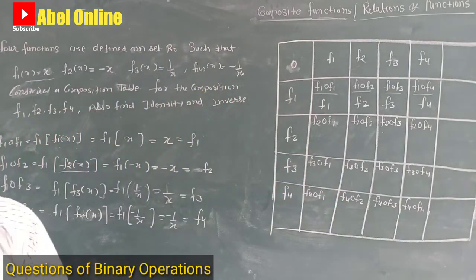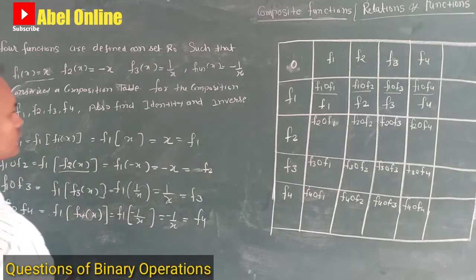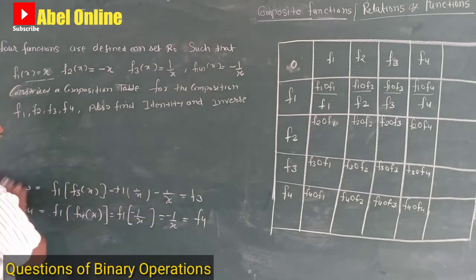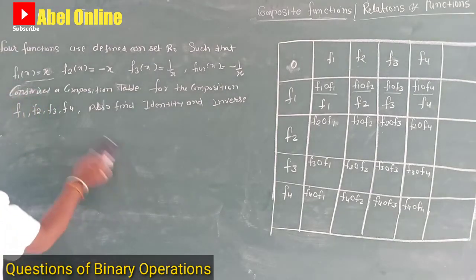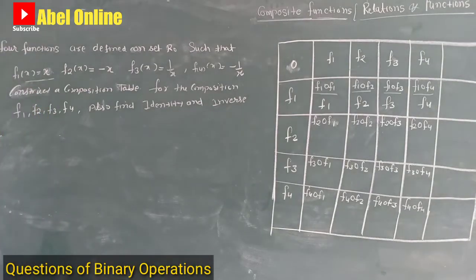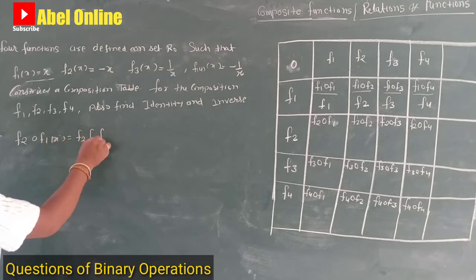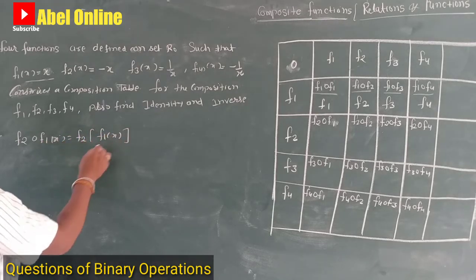So I think, may I clear this board? Next one is f2 o f1, which means f2 in bracket f1(x).